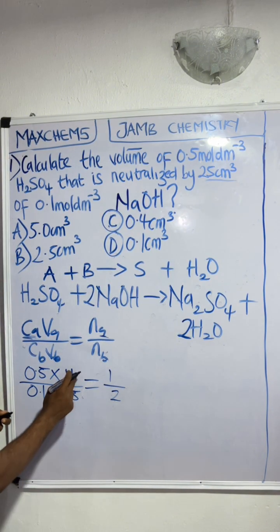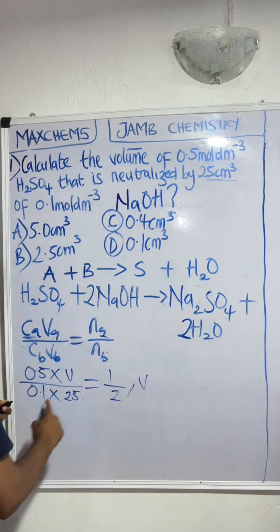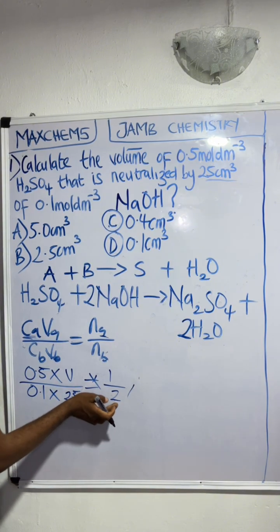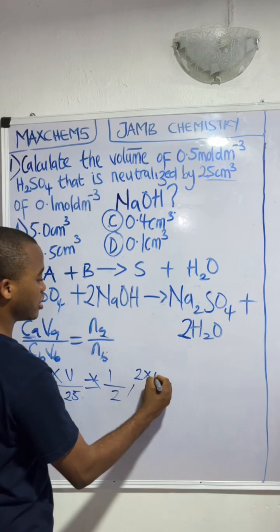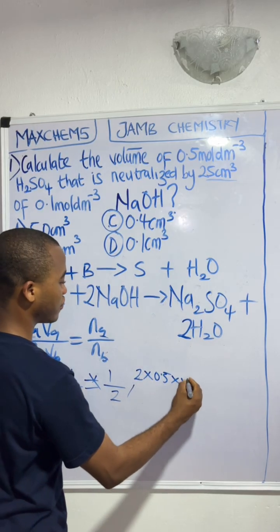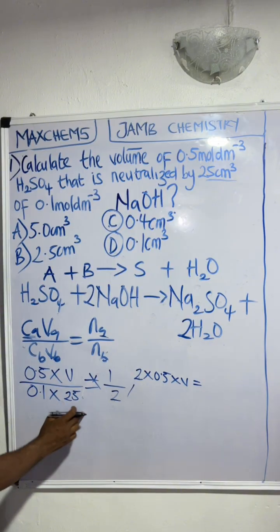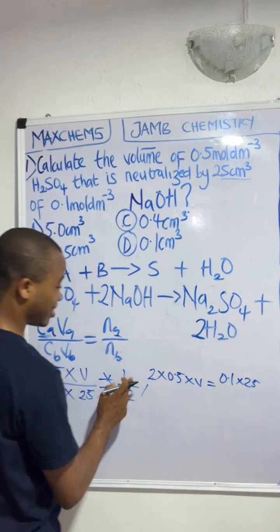So now what we want to get is our V. How will you get this? You can make V the subject of the formula by cross multiplying. Multiply whatever is under with whatever is above. So you're going to have 2 times 0.5 times V equal to 0.1 times 25 times 1, which is still the same thing.